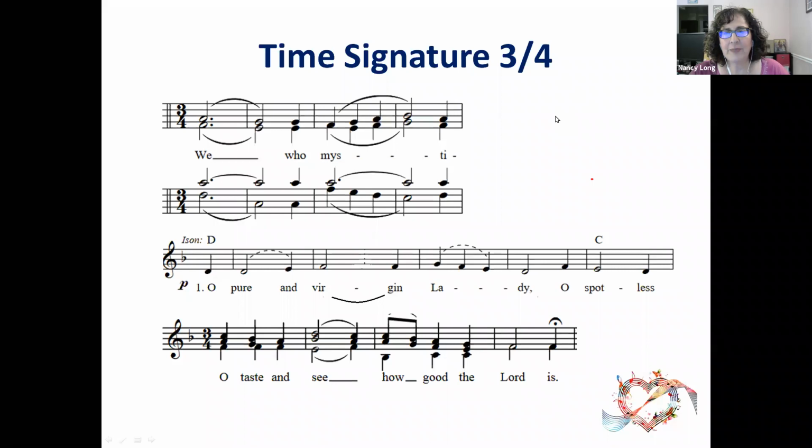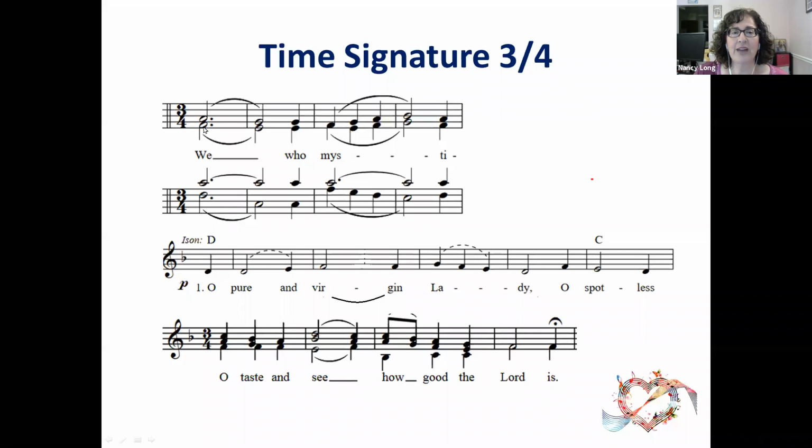Okay, we're going to start with time signatures. There's a lot to cover yet before we wrap up for today, so I'm going to pick up the pace here. Time signature 3/4, 3 beats per measure, where a quarter note gets the beat. So in this first example, we have 3 beats in the first note.